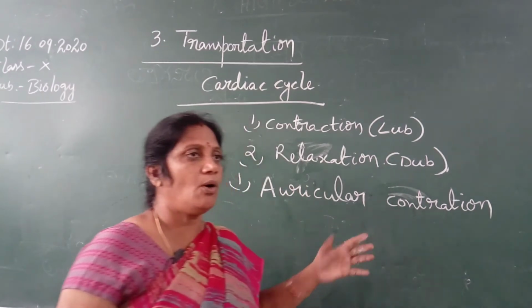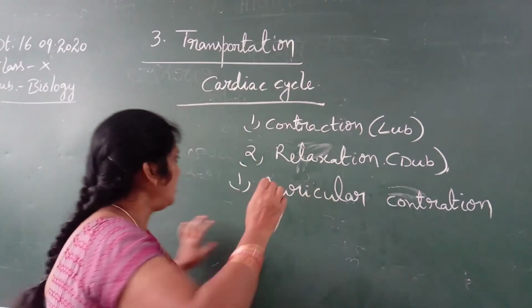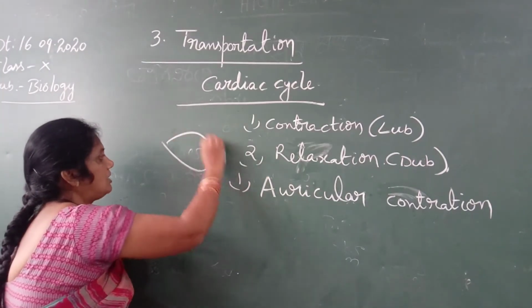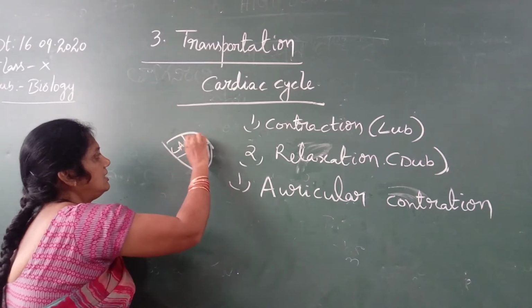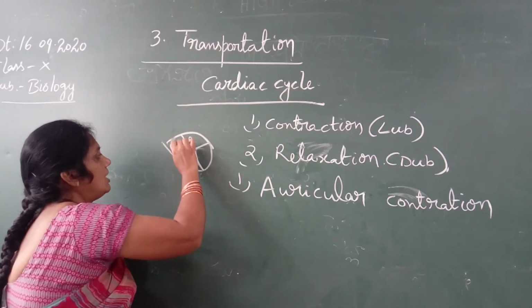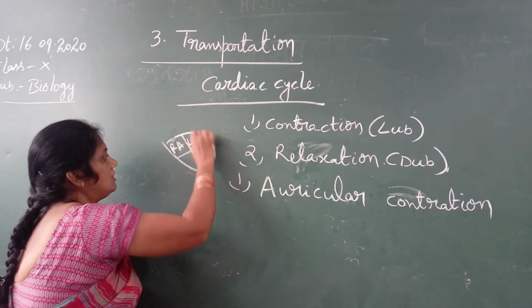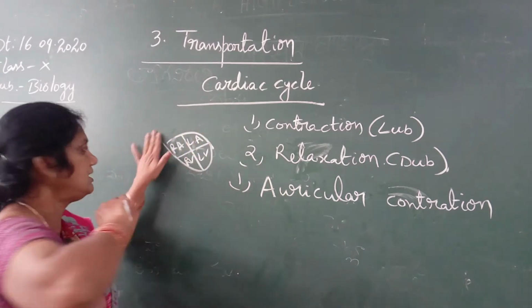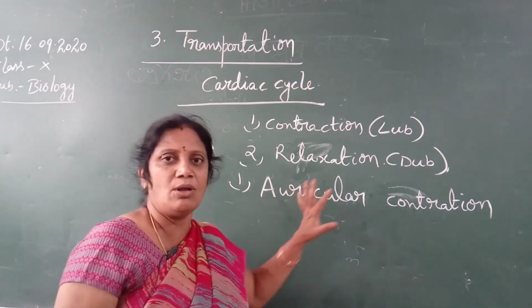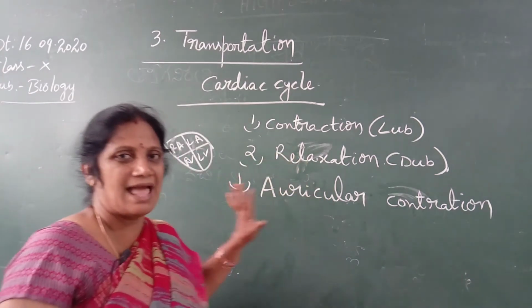This is the heart, you think. This is the right auricle, left auricle, right ventricle, left ventricle. At first, all the four chambers are relaxed.